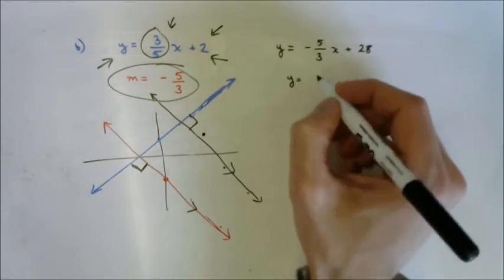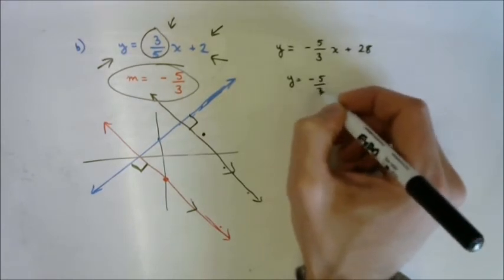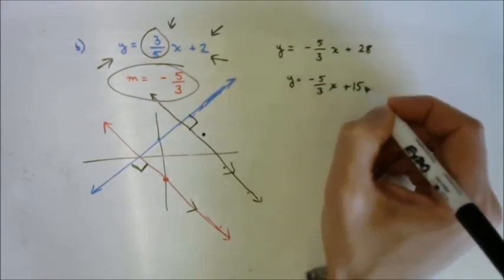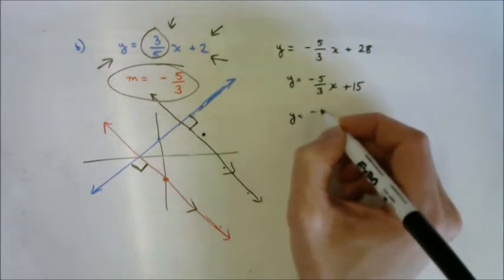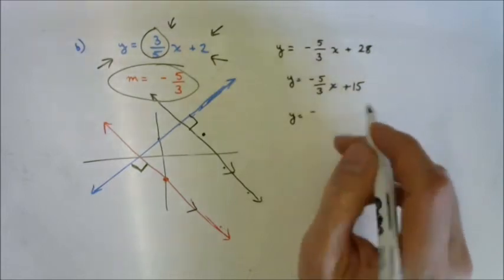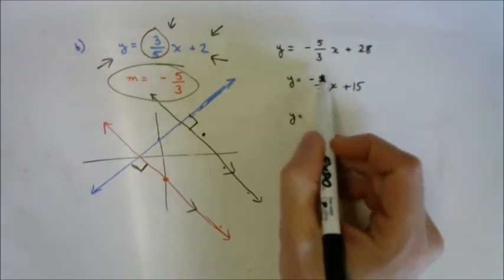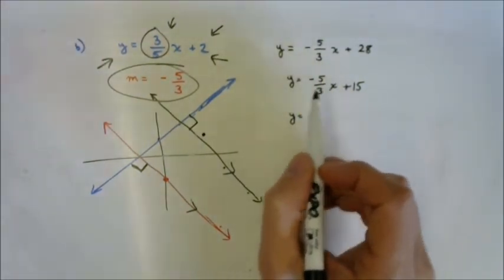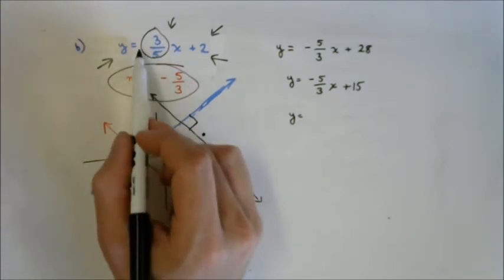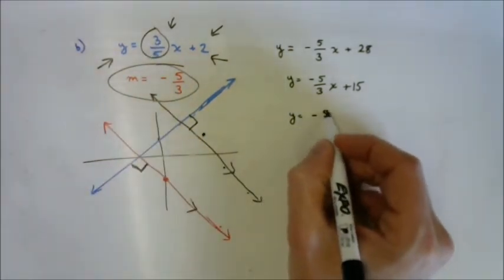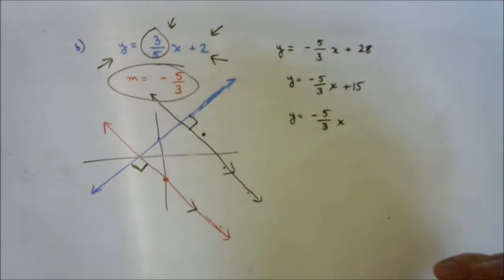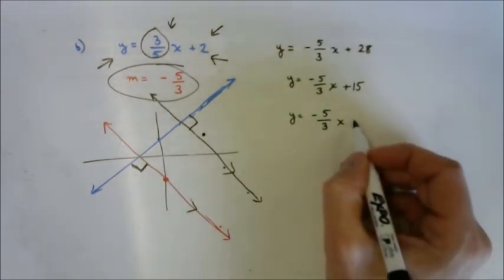Jaden? Y equals negative 5 over 3x plus 15. Ronnie? Y equals negative 6 over 10x plus 3. Does that, we need to have the exact same slope as these guys. The opposite reciprocal of this. So the slope is going to be this. Y equals negative 5 over 3x plus 10.